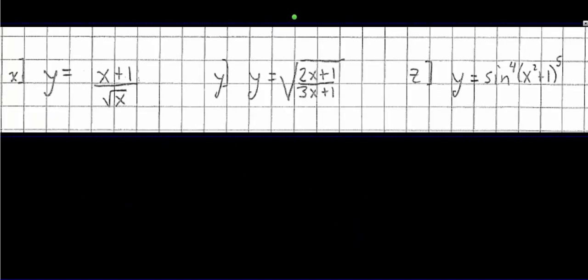Now, we've got quotient rule here. I've got the derivative of the top times the bottom minus the derivative of the bottom times the top, all over the bottom squared.